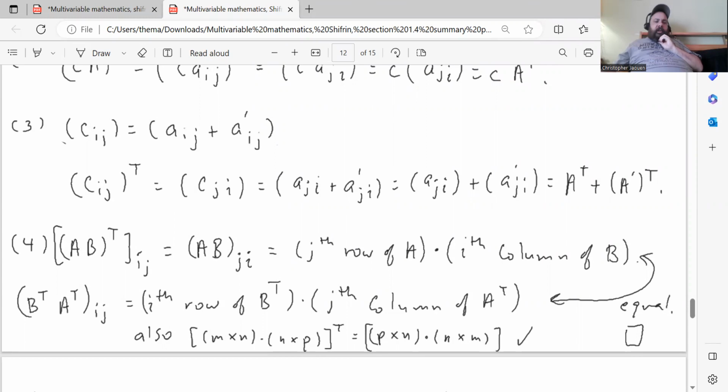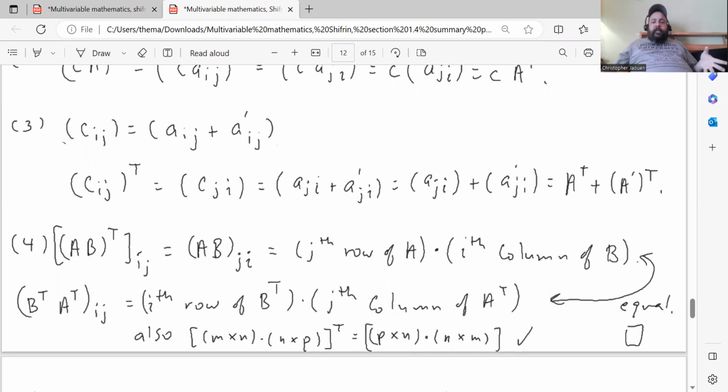If you want to take the transpose of a product, the ij entry of AB transpose is equal to the ji entry of AB. By the definition of matrix multiplication, the ji entry of AB is the jth row of A times the ith column of B. And the ij entry of B transpose A transpose, again by the definition of matrix multiplication, is the ith row of B transpose times the jth column of A transpose.